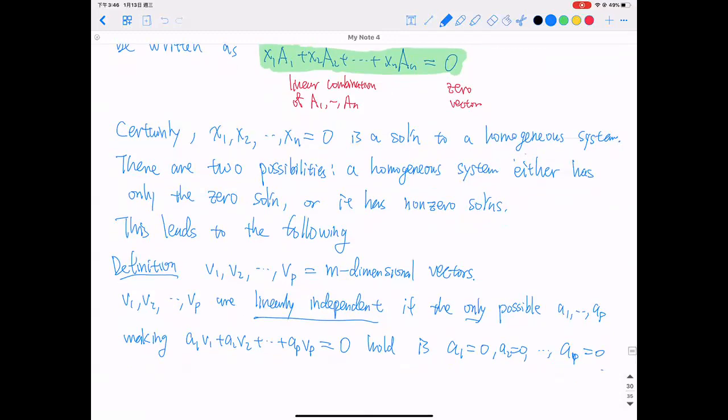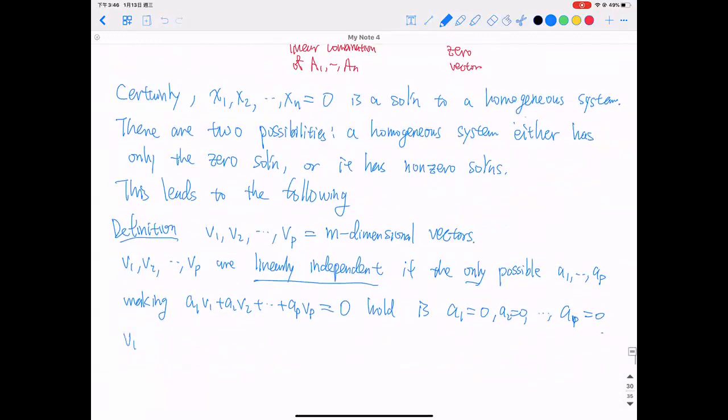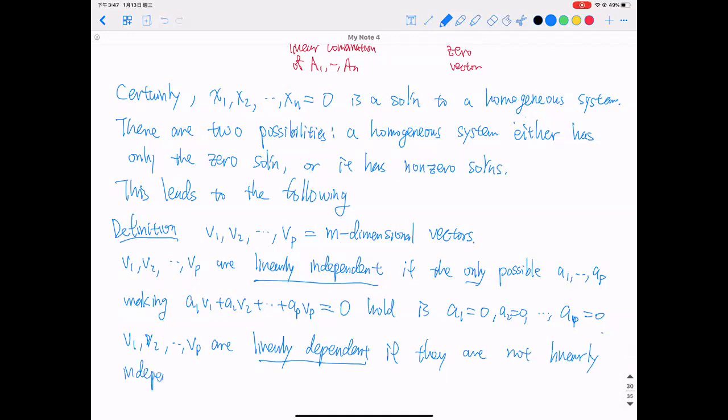Okay. V1, V2 up to Vp are linearly dependent if they are not linearly independent.